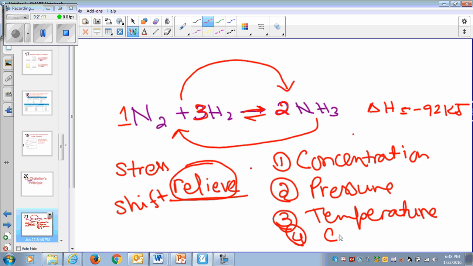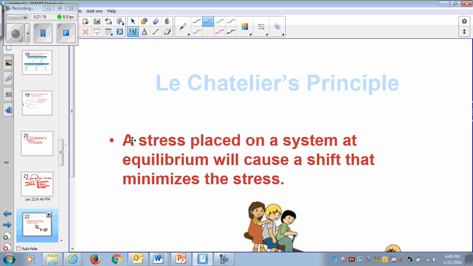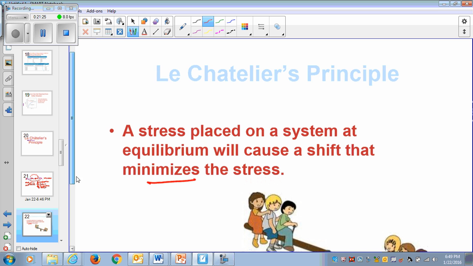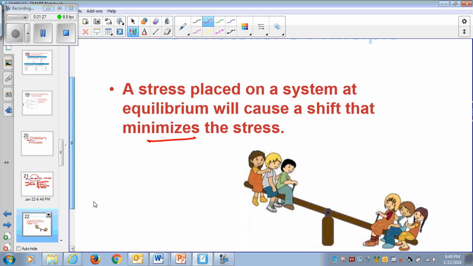As I said, the catalyst does not make any difference because the catalyst helps both sides. But anyway, that's Le Chatelier's principle that you need to understand: a stress placed on a system at equilibrium will cause a shift to minimize that stress. So here we have a seesaw, and when it is balanced, that's when it's at equilibrium.